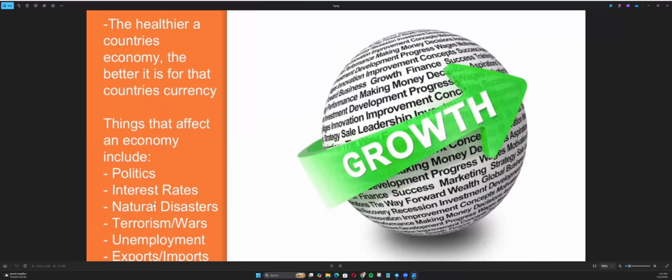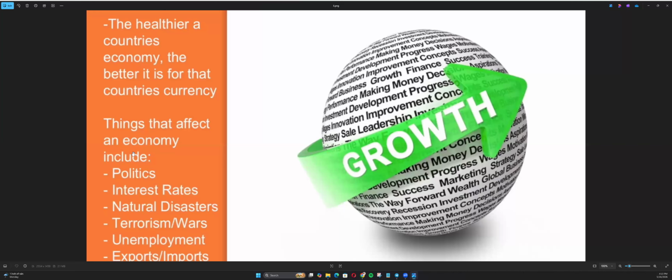So it's said that the healthier a country's economy, the better it is for the country's currency. Like I said in my previous video, the economy of a country is as good as its currency value.